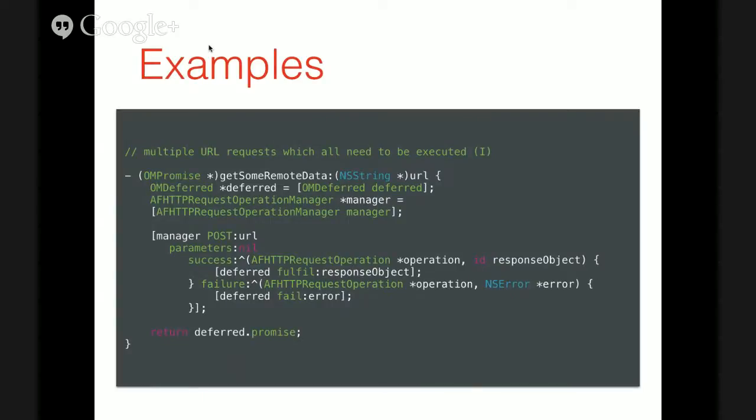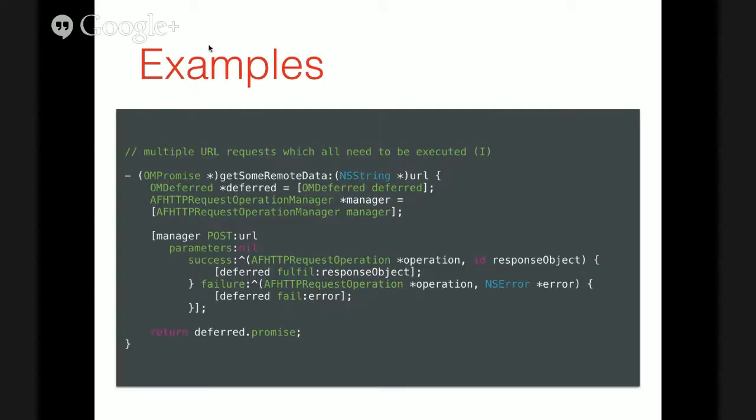So let's get to an example. Let's say we have multiple URL requests to handle, and we want to have a certain joint logic after each of them is executed. This is a method written with AFNetworking, and here you need to notice in the success and failure block you don't have much logic, except before making the request you made the deferred object.